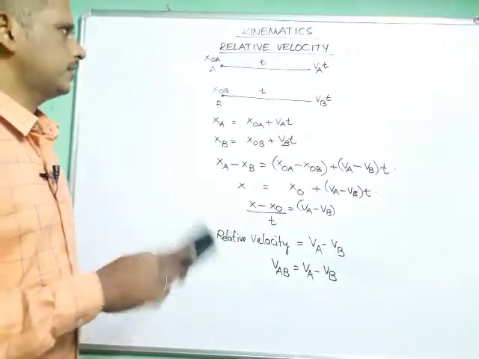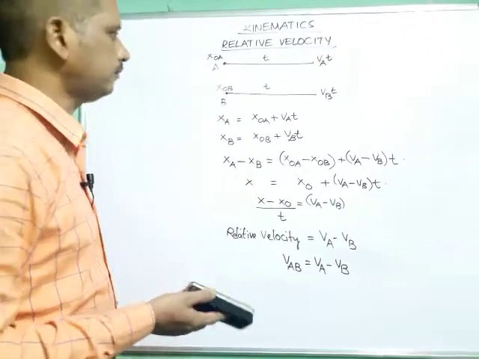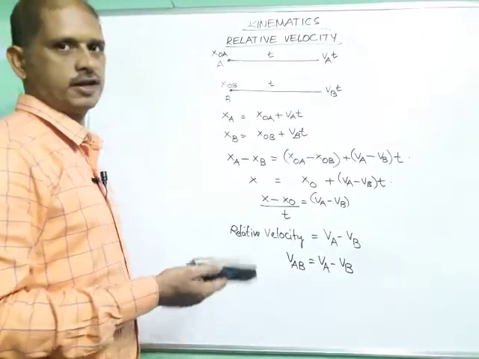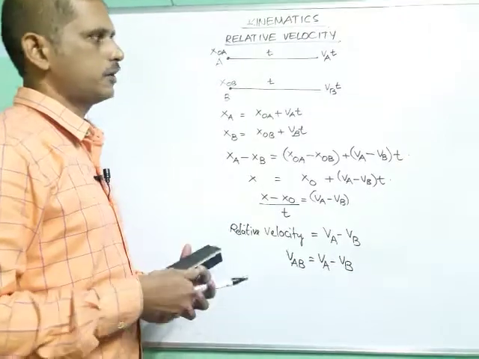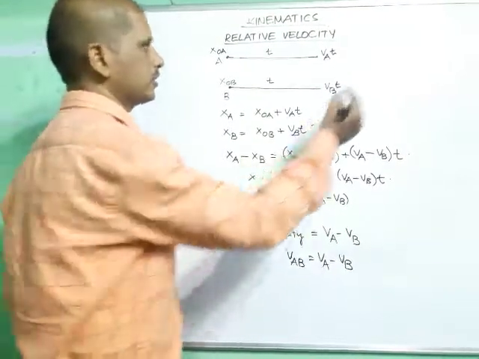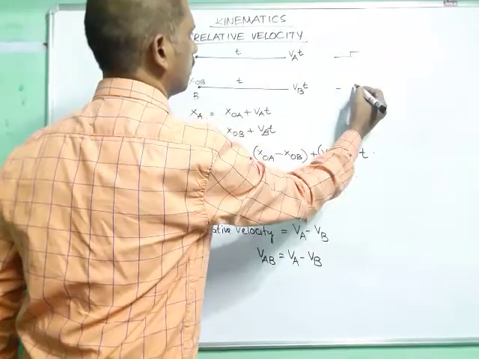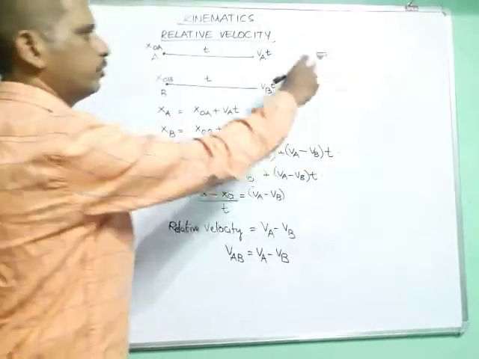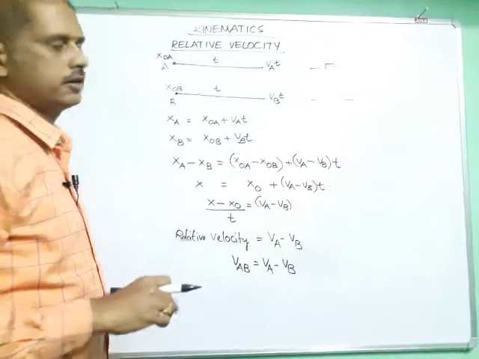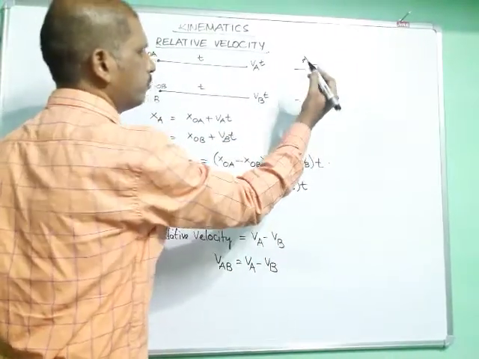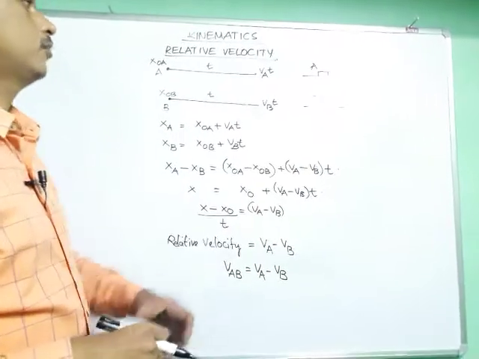Now let us see the different cases here. If both bodies are moving with the same velocity, what is the relative velocity? Means two trains are moving with the same velocity. One train is here, another train is here. One passenger is sitting here, another passenger also sitting here. Both trains are moving with the same velocity. Then observer A is observing B. Now how does it appear?